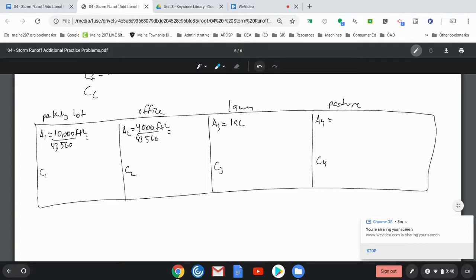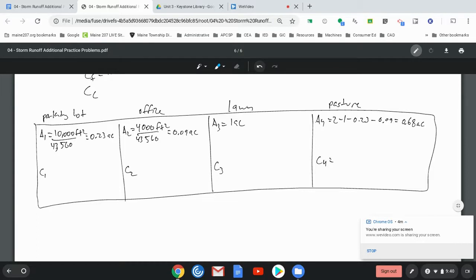And when you do that, you should get 0.23 acres for the parking lot, 0.09 acres for the building. Lawn is already in acres. So here we have 2 minus 1 minus 0.23 minus 0.09. The remaining space for the undisturbed land is 0.68 acres.